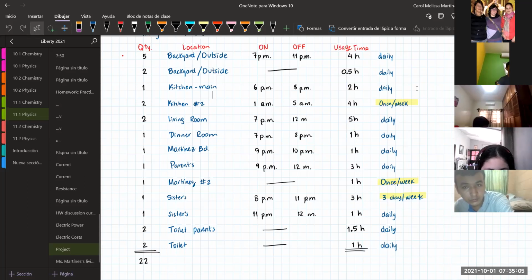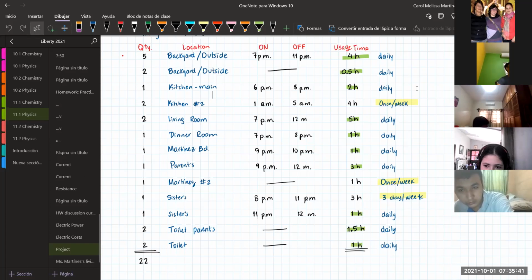todo lo que uso diariamente y separar de lo que uso once per week y en 3 days per week, porque acuérdense que esto se hace al mes, ¿ok? Entonces primero voy a sumar daily, que serían 4.5, 6.5, 12.5, 13.5, 16.5, 17.5, 19, 20, ¿ok?